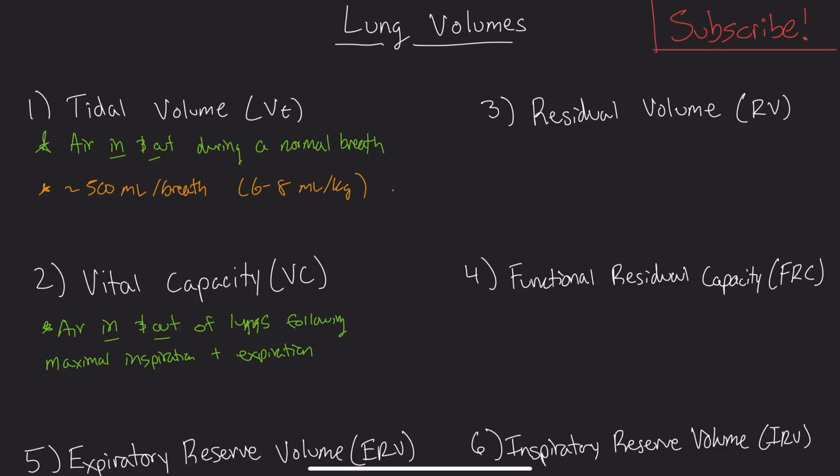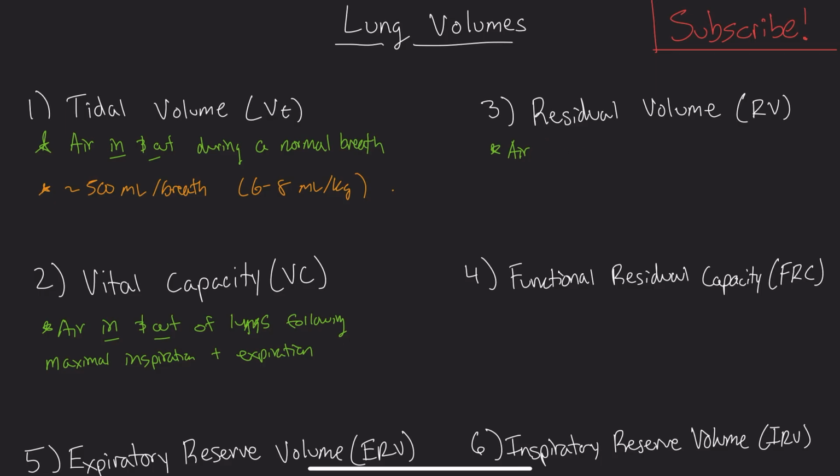Third here, we have residual volume. So residual volume is the amount of air that is left over following maximum inspiration and expiration. So technically following your vital capacity, right? So this is air left after, let's put air remaining. That's a better definition.